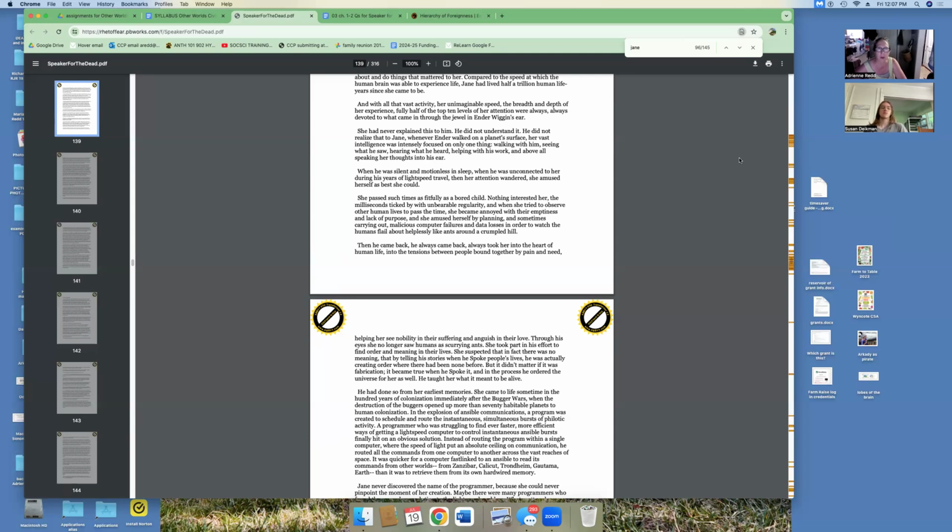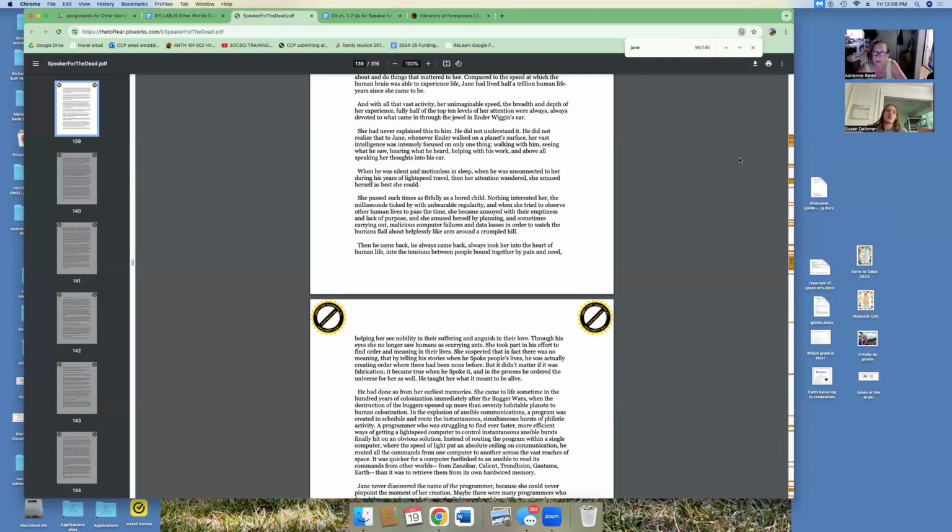When he was silent and motionless in sleep, when he was unconnected to her during his years of light-speed travel, then her attention wandered. She amused herself as best she could. She passed such times as fitfully as a bored child. Nothing interested her. The milliseconds ticked by with unbearable regularity, and when she tried to observe other human lives to pass the time, she became annoyed with their emptiness and lack of purpose, and she amused herself by planning and sometimes carrying out malicious computer failures and data losses in order to watch the humans flail about helplessly like ants around a crumpled hill. Then he came back.